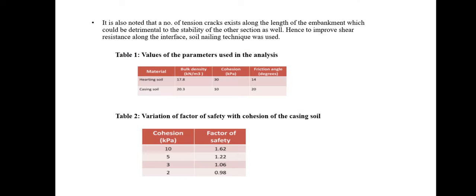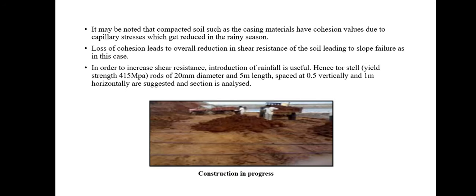And here are some parameters and factors of safety which were used in the study. It is also noted that compacted soil such as the casing material has cohesion values due to capillary stress, which get reduced in the rainy season.